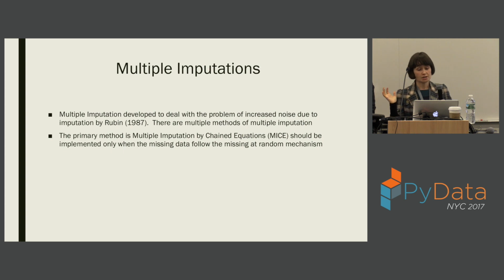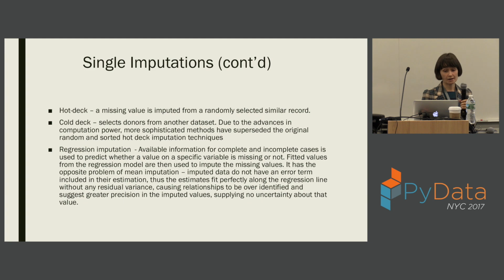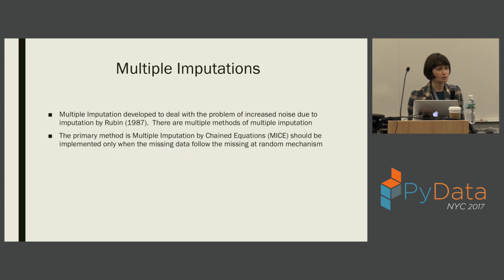Just a quick note: of those methods, hot deck or cold deck would be suitable for multiple imputation, where you can try different values. You can randomly select one and then randomly select another and another and see how it works. It's often a recommended method because you often don't have enough data, or you need to impute too many values. So in some instances, it gives you a better estimate in the end.